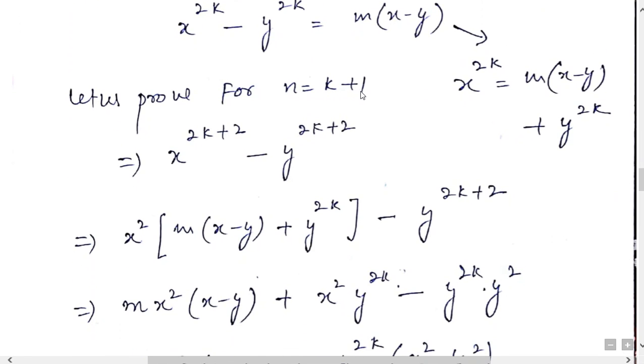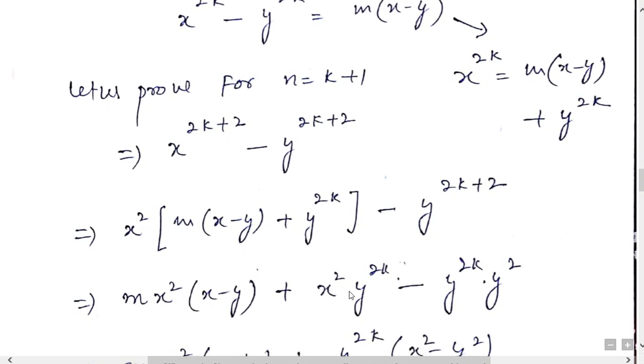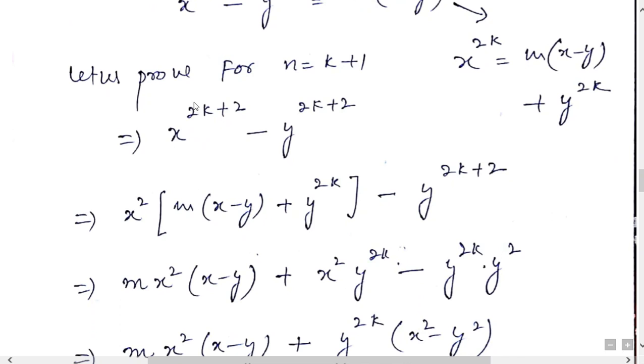Now insert n is equal to k plus 1. Because the value is x raised to power 2k, it's 2k plus 2, then y raised to power 2k plus 2. In the first term, you can write x square into the value of x raised to power 2k, and the second value as it is.